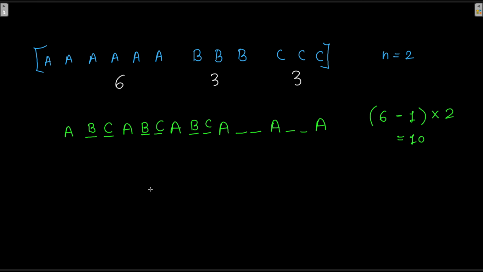So how are we going to solve this question in terms of code? What is going to be our algorithm? First of all, we calculate the frequencies of all of these tasks so that we get this list of numbers. So it is going to be 6, 3, 3 in this case. So the first step is going to be counting frequency.